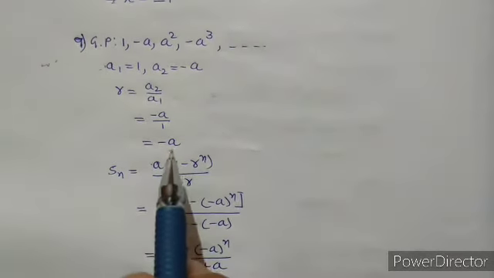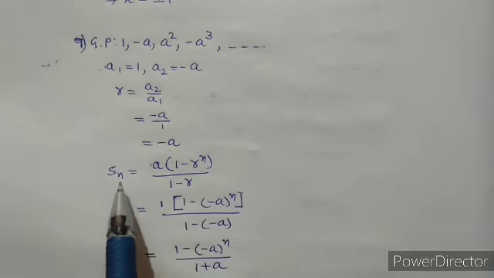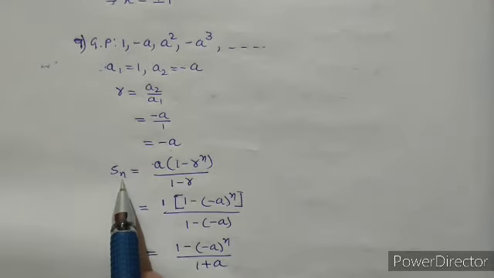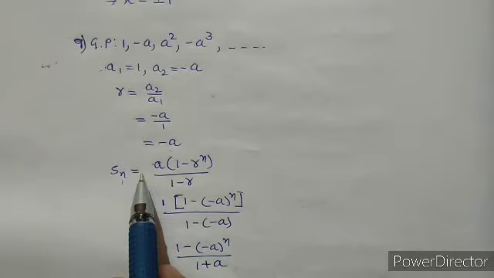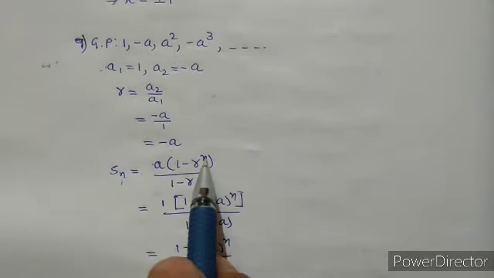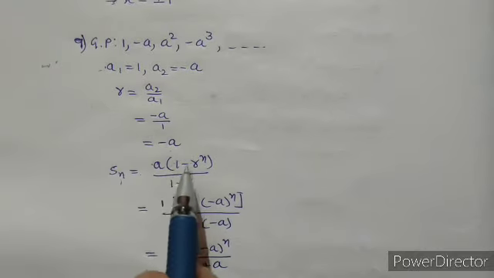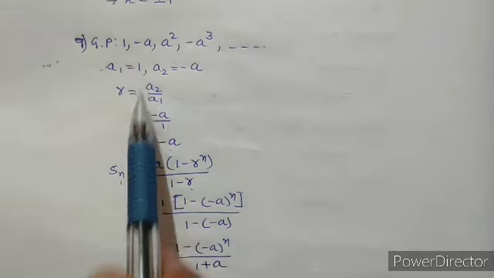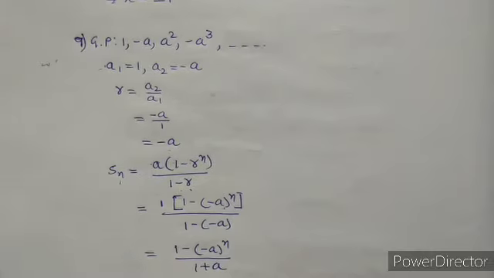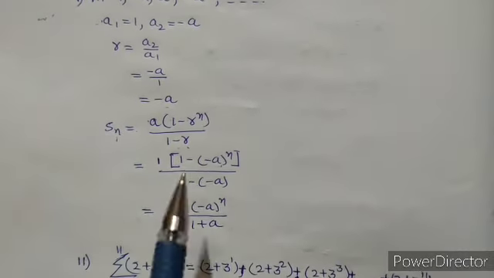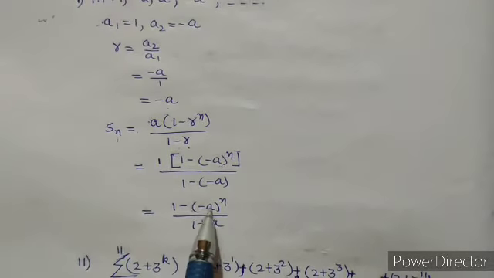Now here we are taking mod a as less than 1. So sum of n terms of the GP, that is Sn, will be equal to a into 1 minus r raised to power n upon 1 minus r. On putting the value of a and r, where a is 1 and r is minus a, we will get Sn as 1 minus minus a raised to power n upon 1 plus a.